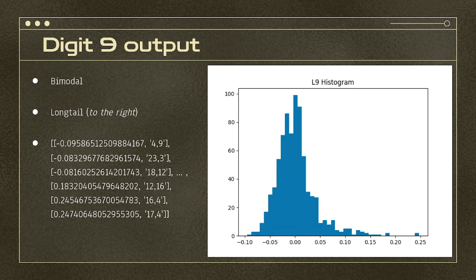On the other end, we've got 9. This one is also bimodal, with a long tail to the right. It just so happens that we have a number of masks, and actually fairly extreme outliers, that will enhance the amount of nineness with this mask.